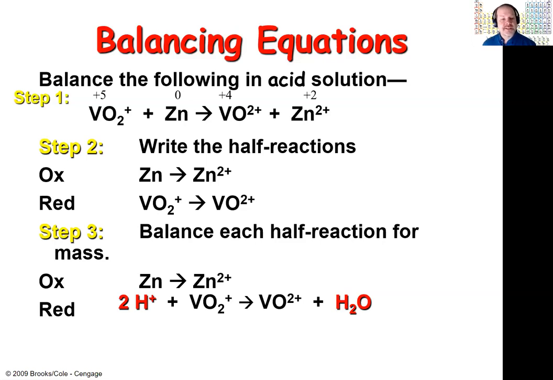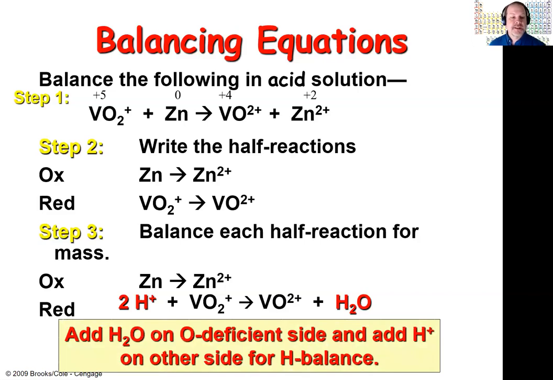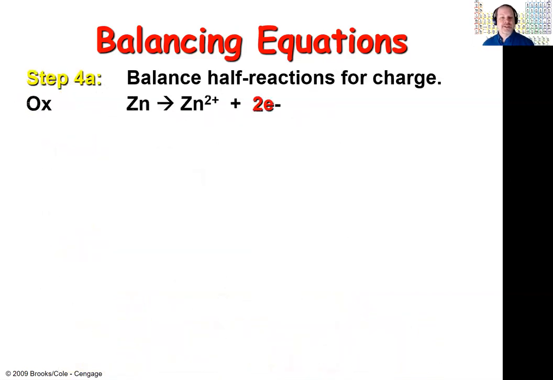All right, now both of these are balanced by the masses of all the elements. So basically, you have the same number of elements on both sides. If you're deficient of oxygens, you just add water, but then you have to balance out the hydrogens with protons. All right, the next step is to balance the charges using electrons.